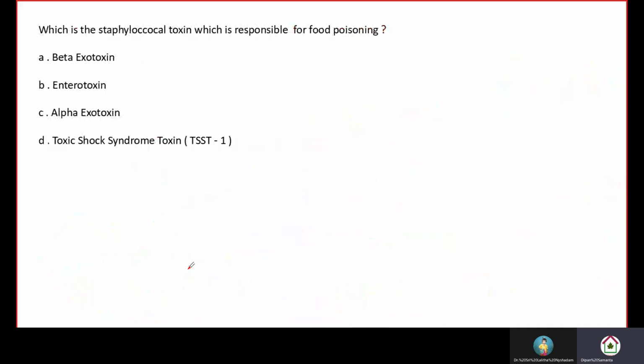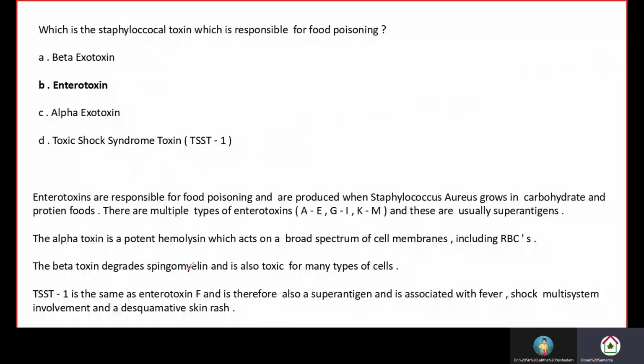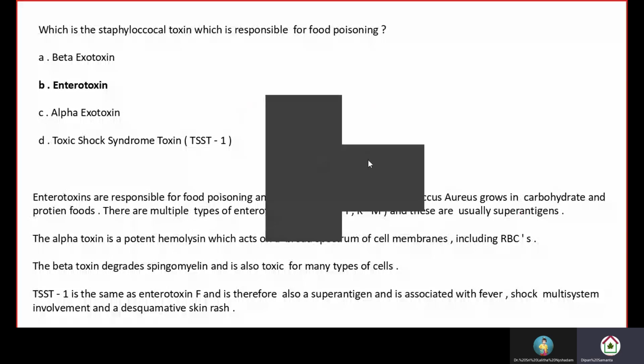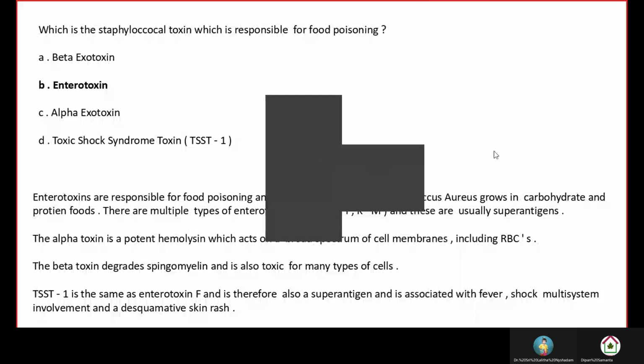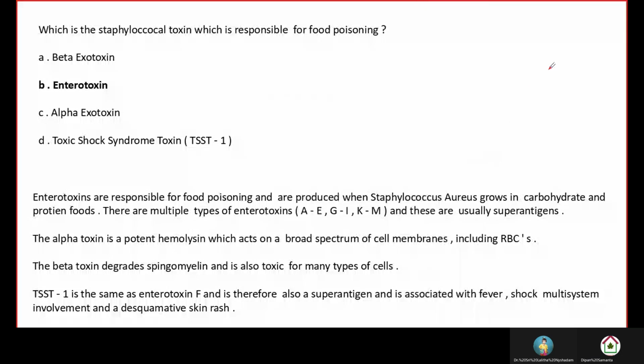Which is the staphylococcal toxin that is responsible for food poisoning? The answer is enterotoxin. Enterotoxins are responsible for food poisoning. Many times while studying food poisoning, we have studied enterotoxin.